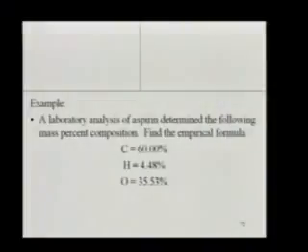You've run it through some chemical instrumentation to determine the relative number of each type of atom present. You know it's a pure sample. Whatever it was, you just don't know what it is. So you've purified the sample. You just got to figure out what it is. Let's say it's 60% carbon, 4.48% hydrogen, 35.53% oxygen. What you now have to determine is, what is the formula?